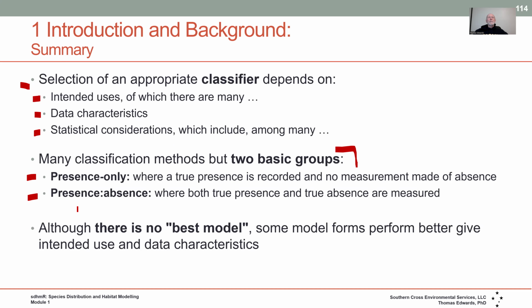But the strength of the classifiers we now employ rely on having a presence and a true absence associated with it. Now, absence can also be a generated pseudo absence. But again, you need a presence and absence, whether it be true or pseudo, so that you can employ the classifier.